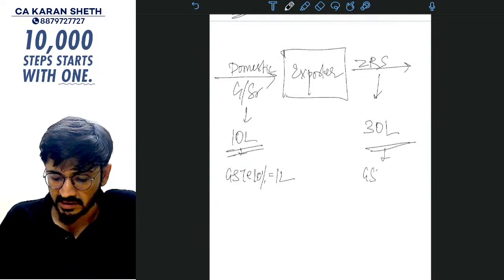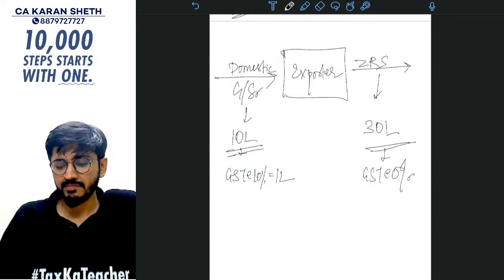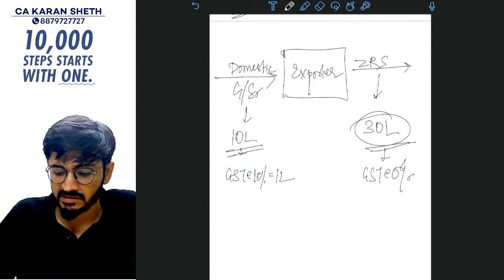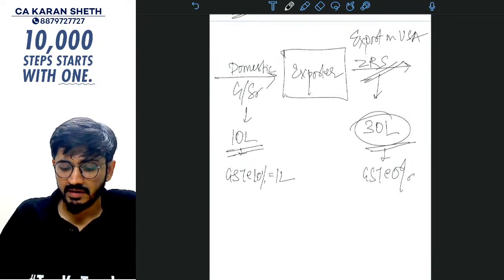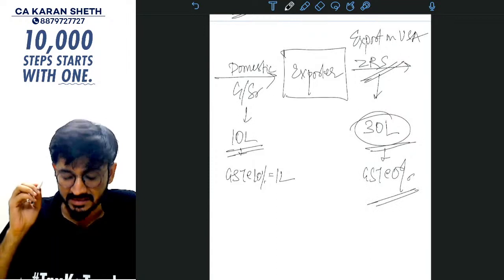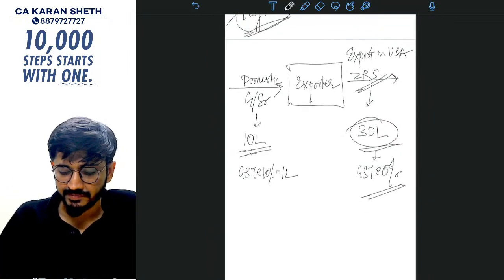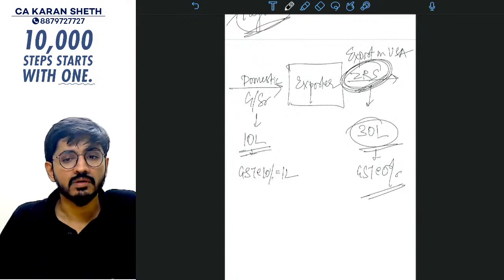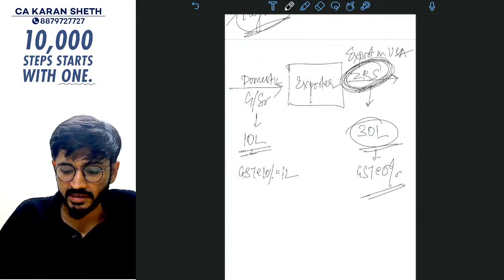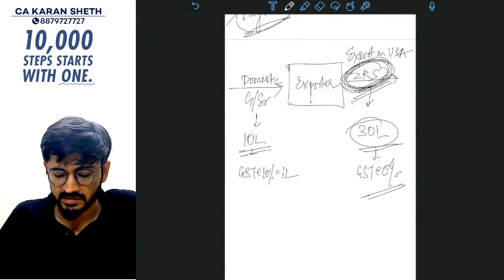Now the GST is at the rate 0%, because this is considered as zero rated supply. The export that you are doing, okay, in USA is considered as a zero rated supply. Got it? Zero rated supply, that's it.